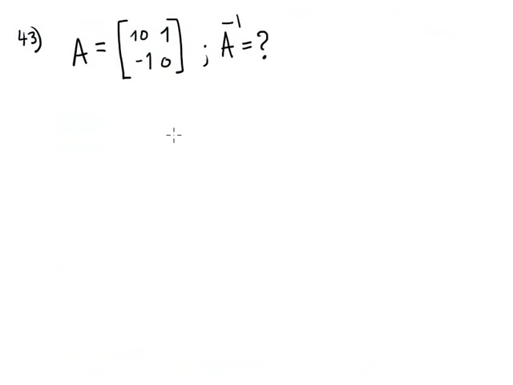Okay, question 43 again is find the inverse matrix. Remember, check that the inverse exists: the matrix is a square matrix, 2 by 2, and it needs to be non-singular. So we compute the determinant associated with this matrix.